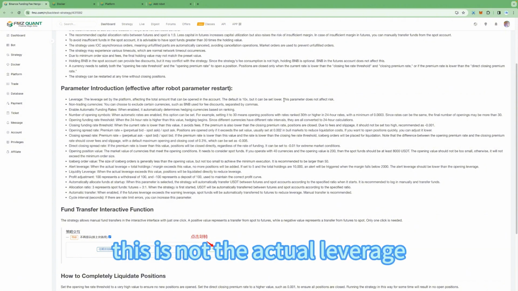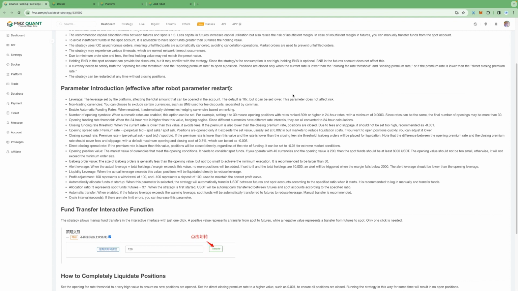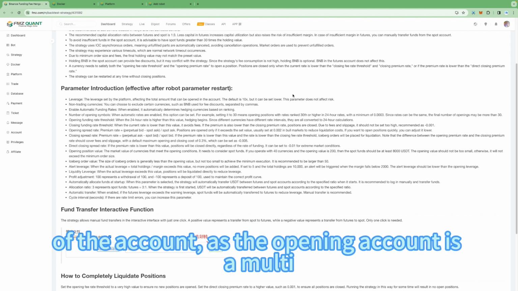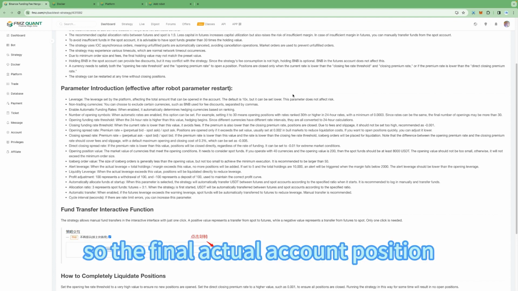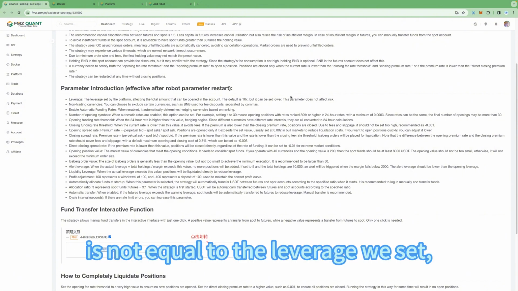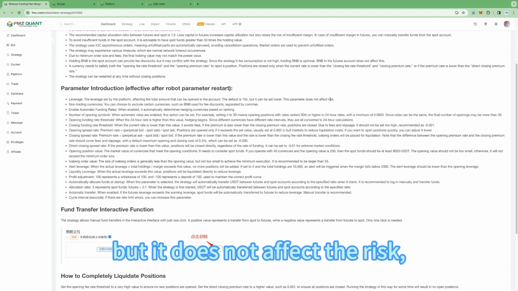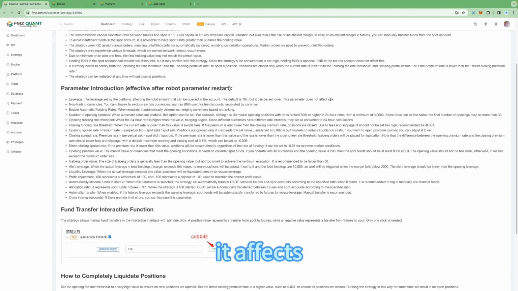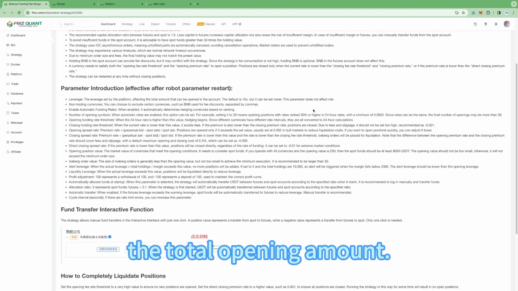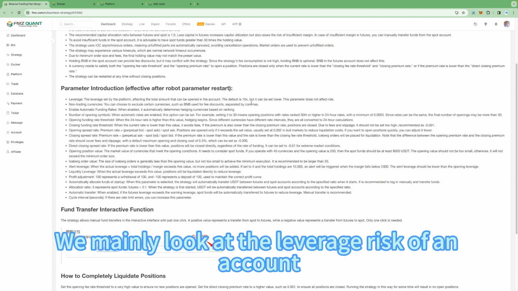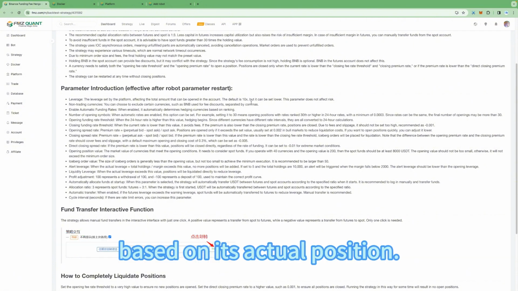This is not the actual leverage of the account, as the opening account is a multi-species position, so the final actual account position is not equal to the leverage we set. But it does not affect the risk. It affects the total opening amount. We mainly look at the leverage risk of an account based on its actual position.